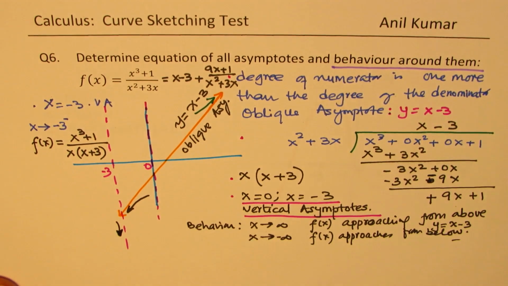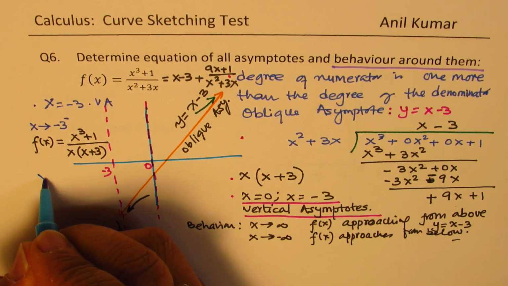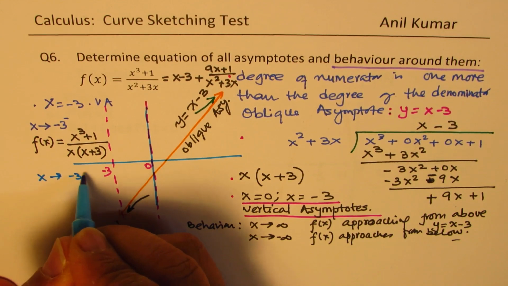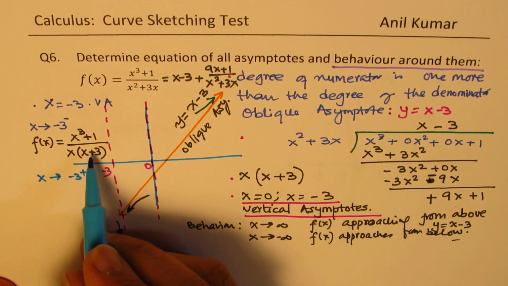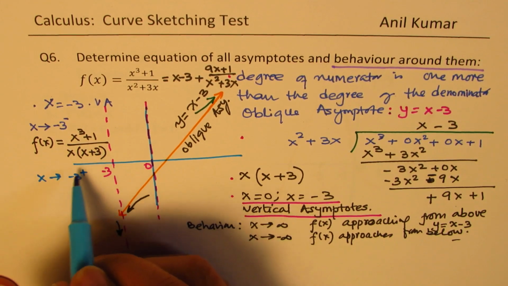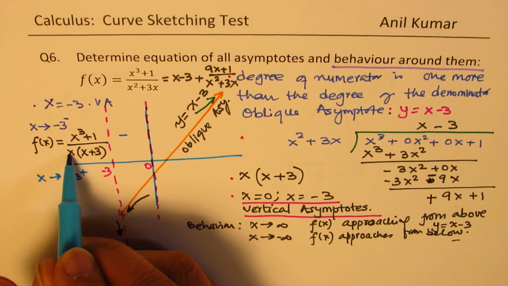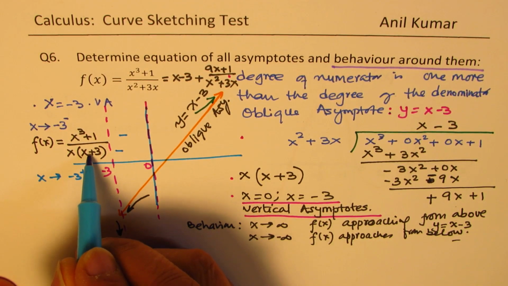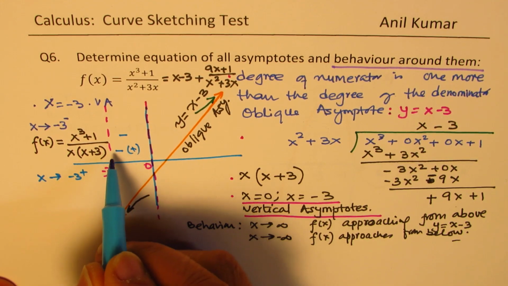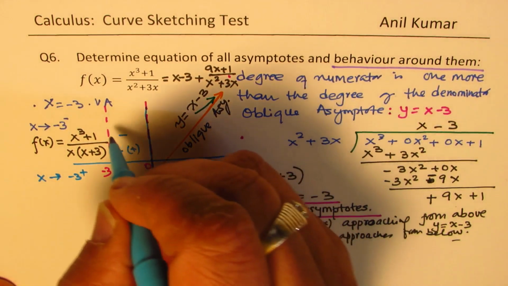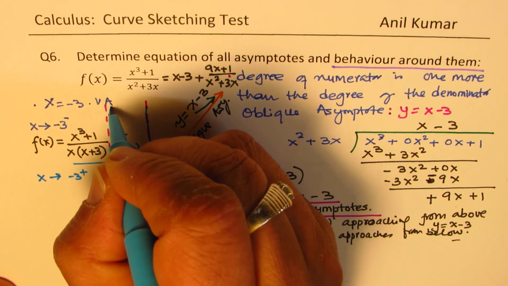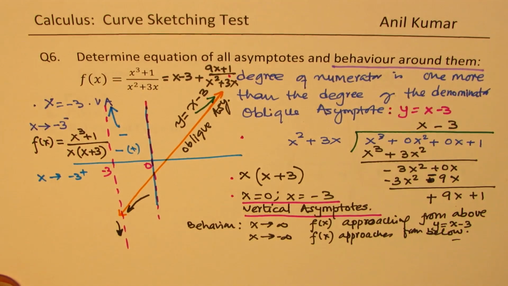Do you understand? But when x is approaching minus 3 from the right side, the numerator is negative, the denominator's x term is negative, however this term is positive, correct? So in that case, we are approaching positive infinity. Does that make sense to you?